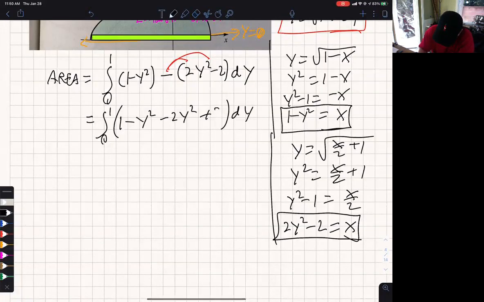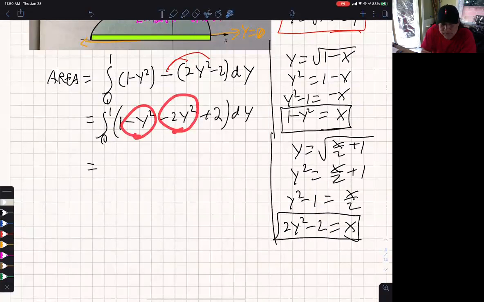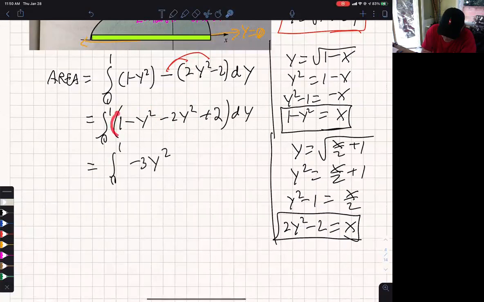So that's going to be 2. All right, now let's continue. So I'm going to combine like terms. Minus y and minus y squared minus 2y squared, I owe 3 of them. So that's going to be negative 3y squared. And then 1 plus 2 will get me 3.